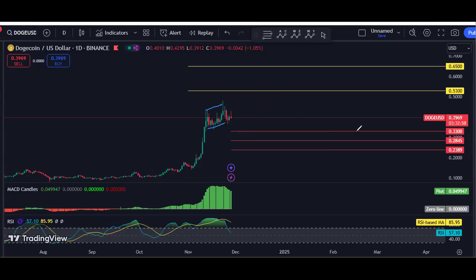Why am I mentioning these things? Because if we want to look for a trade setup, at least we can expect how deep it can go if the market goes against us. Then at least we should know what level we can look for as support and how to manage our trade. Okay, then for any opportunity to buy from here, we want to see the breakout of the 53, followed by 65 if we consider the breakout of the all-time high.